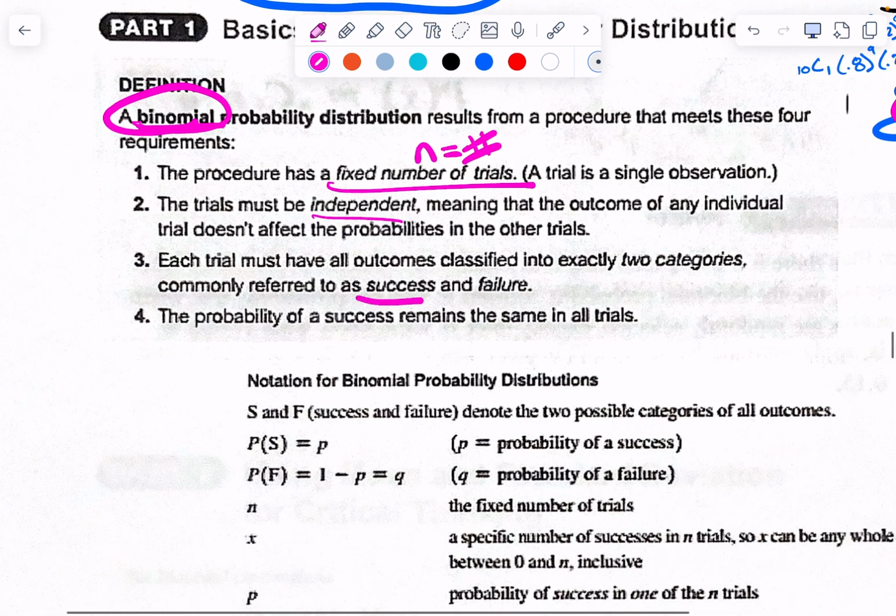We either have a success or a failure. In my case, it was kill and live, or maybe even and odd, or boy and girl. We have a success, we have a failure. They're like opposites of each other. The probability of success remains the same in all trials. So my kill rate's going to be 80% regardless of whether I'm talking about the first plant or the 9th plant.